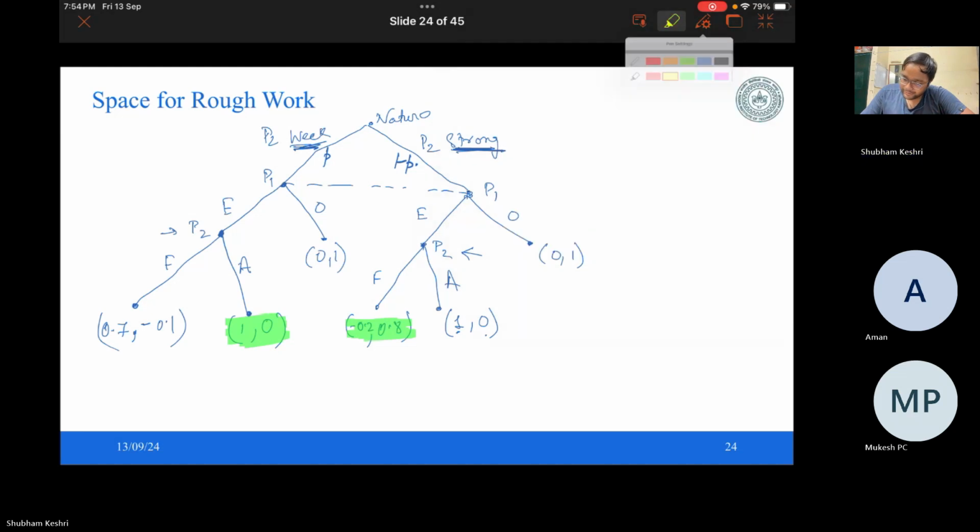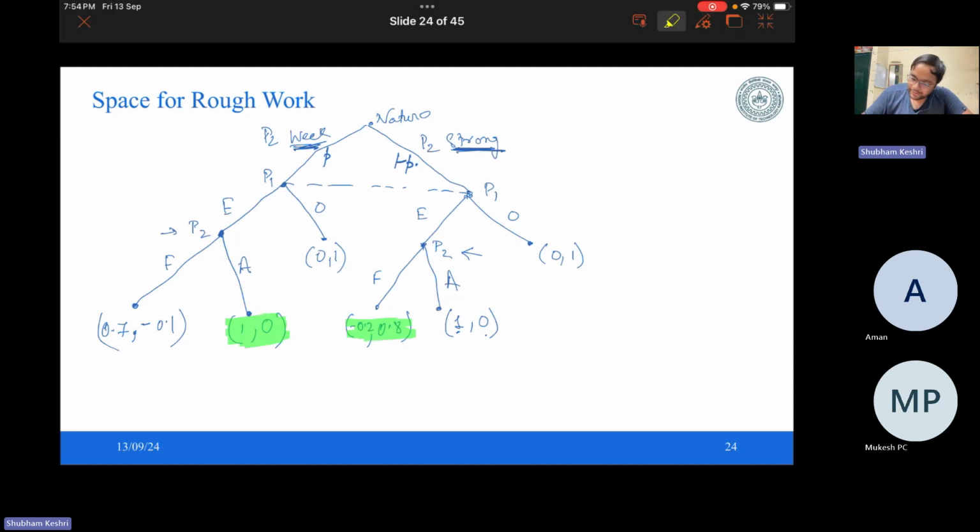Knowing this, what will player 1 do? Player 1 with probability P will encounter a weak opponent, and with probability 1 minus P, he will encounter a strong opponent. You can just take this idea because I am short of time.